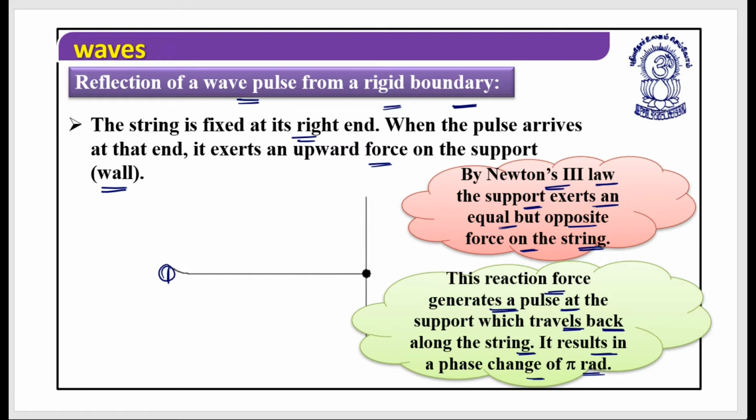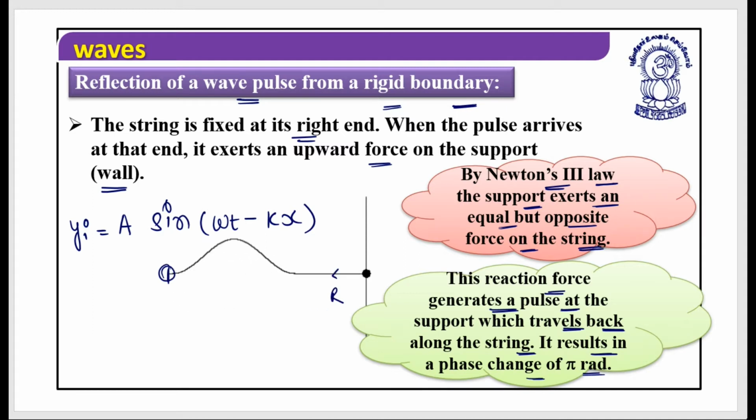If I write the relation for the wave moving in the positive x direction, it's y_i = A sin(omega t minus kx). But when this is reflected back, it looks something like this: y_r = A sin.